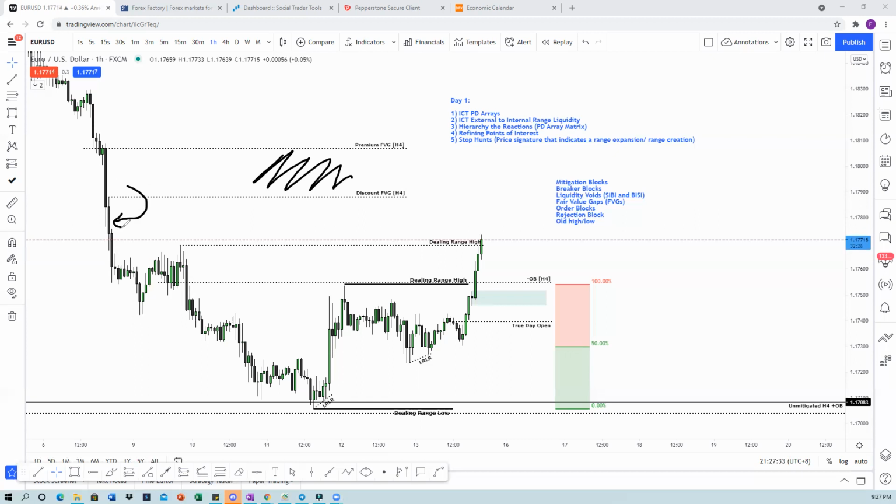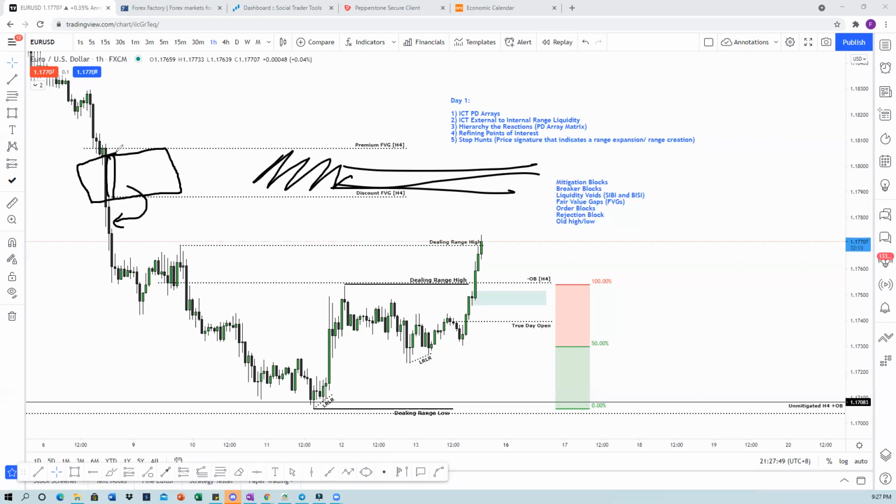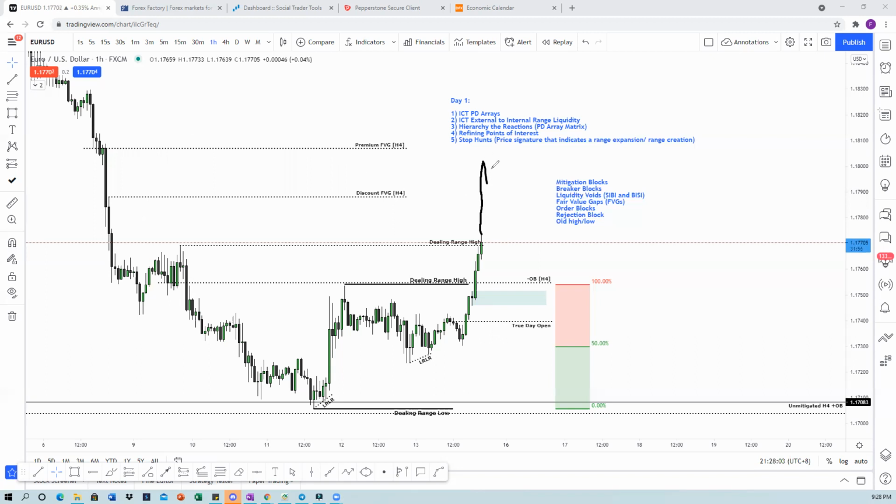If this candle had wicked inside here and price continues higher, it will not stop over here because orders have already been offered here. So where is the next level of orders going to be? Up here. So if price is going to go up, what it will do is go up, consolidate higher, and then go lower.